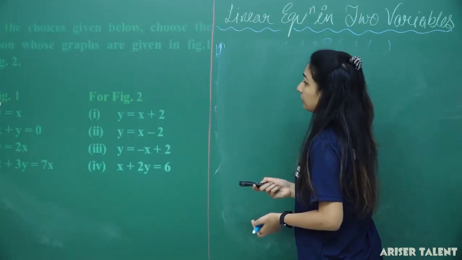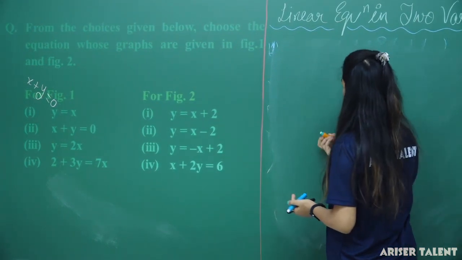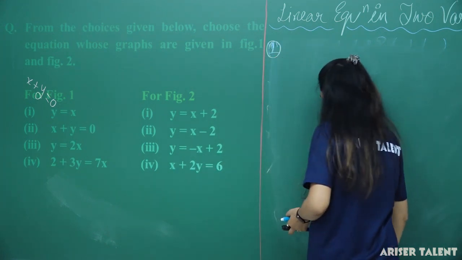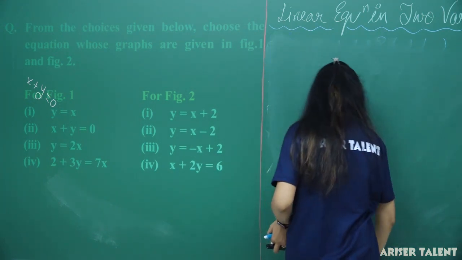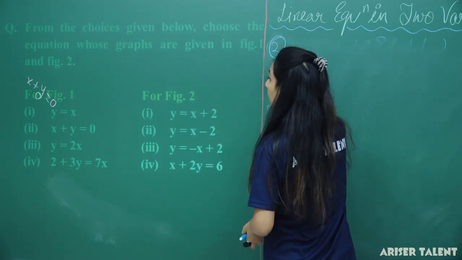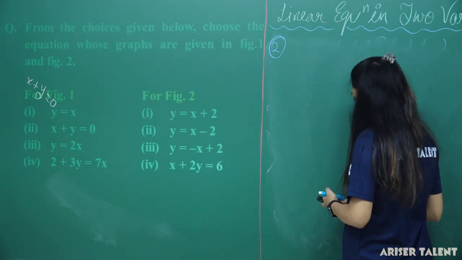Right. Now for figure 2, these equations are given. So I am talking about the second number. The number 2, and here the points are what?